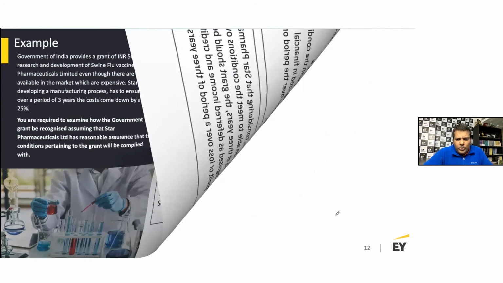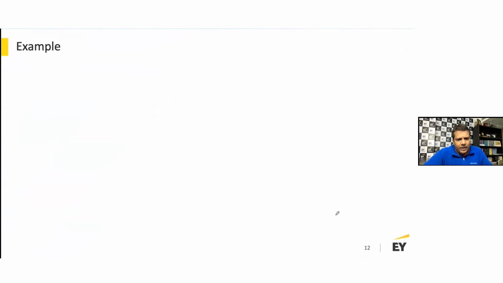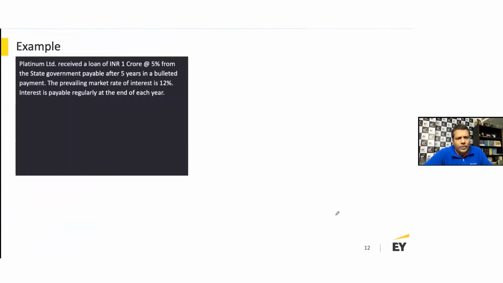So I'm going to deal with this example now, which provides some more perspective in relation to deferred grant. Platinum Limited received a loan of INR 1 crore at the rate of 5% from the state government, payable after 5 years in a bullet payment.